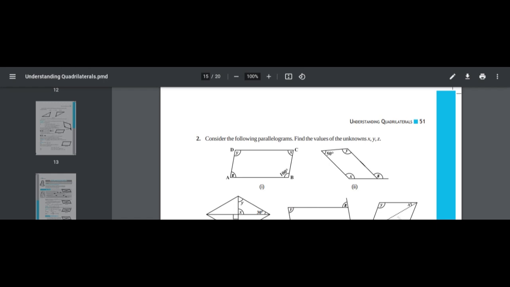That is the interior angle, and z is the exterior angle. In the second question they just told us about the adjacent angles, the opposite angles and the corresponding angles. Corresponding angles lie between the same lines and correspond with each other. So let's start the second part.